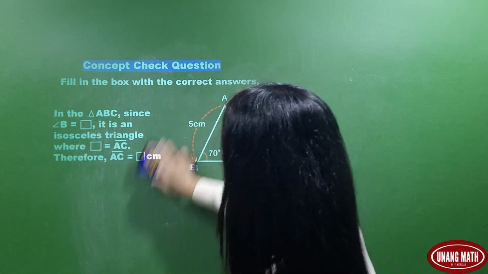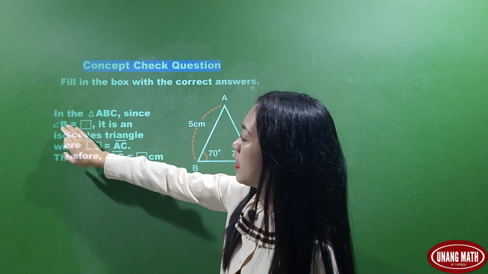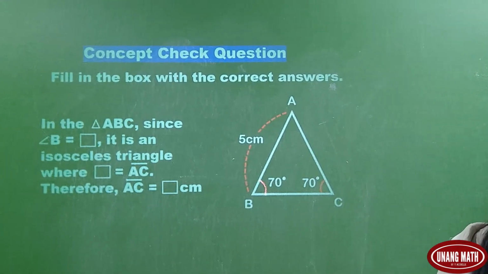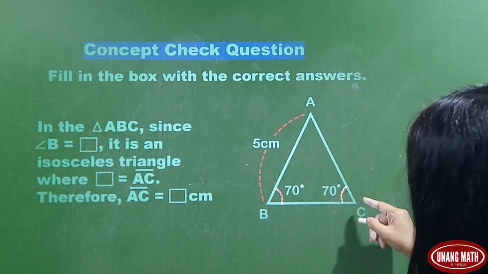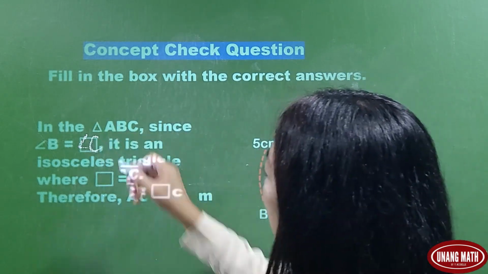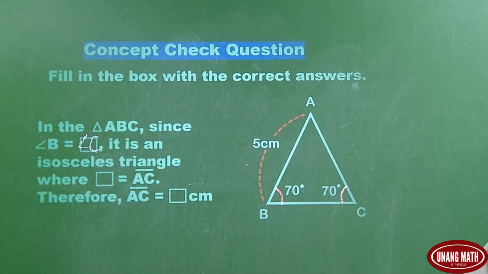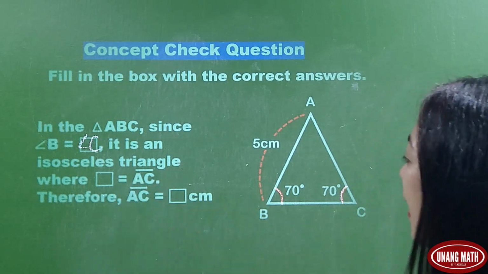In triangle ABC, since angle B is equal to blank, so where's angle B? This angle. Angle B, as you can see, is equal to angle C. Since angle B is equal to angle C, then this triangle is an isosceles triangle, where blank is equal to segment AC.